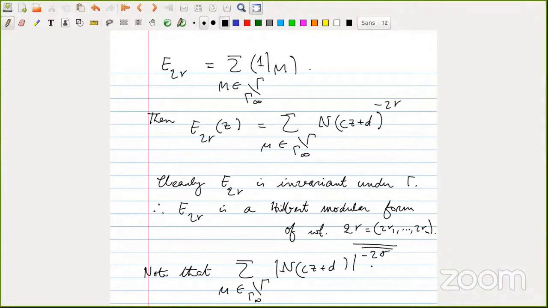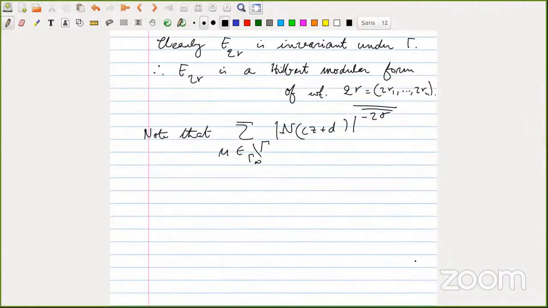This converges inside H^n for sigma bigger than 2. Therefore it does make sense to talk about this infinite series.